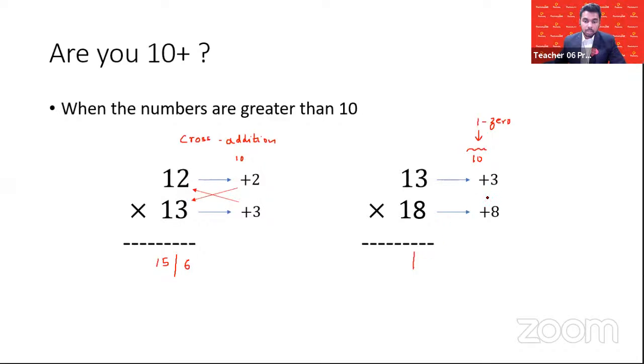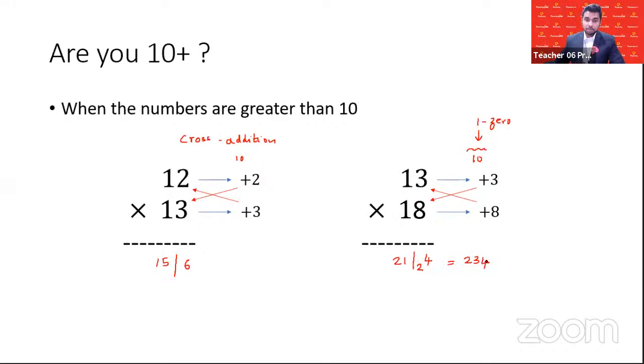So the product here is 3 times 8, which is 24. You have to write 2 as a subscript, just below 4. What is the other number? It is just the cross addition. Cross addition will be 13 plus 8, which is 21. So the answer is going to be 234.